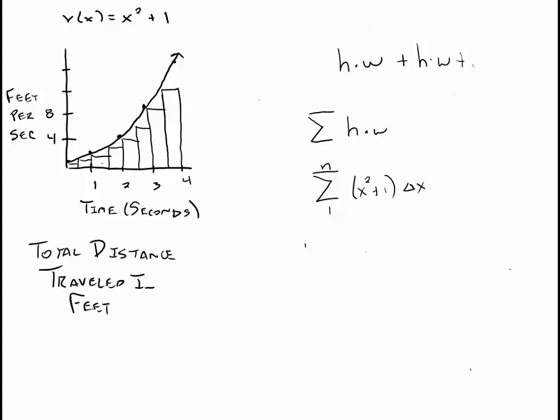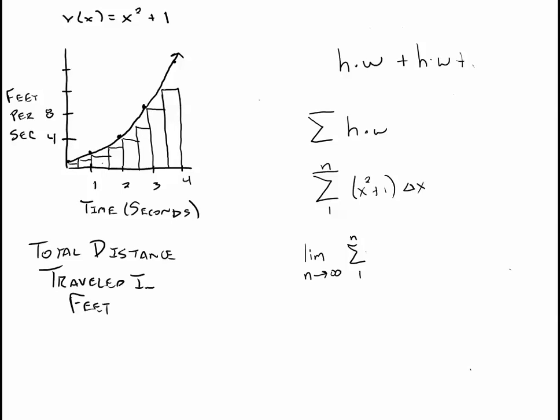And hopefully it's obvious that as the number of rectangles increases, and really as it goes to infinity, the sum of the area of the rectangles will be better than anything we could possibly have.